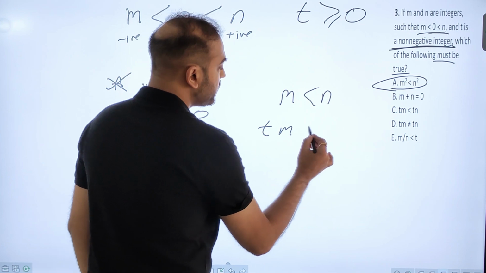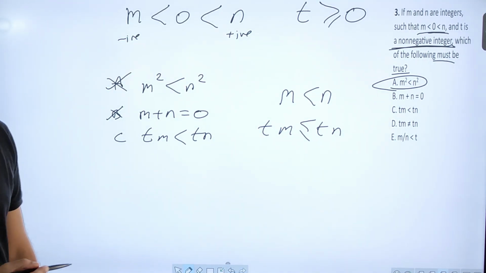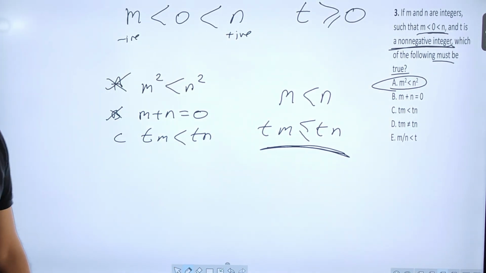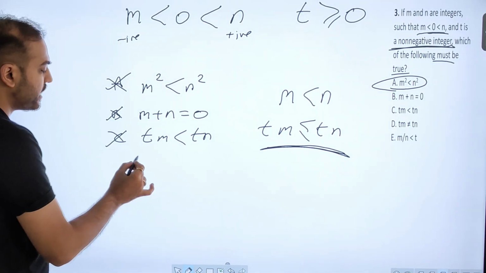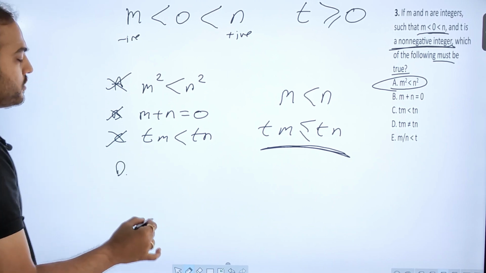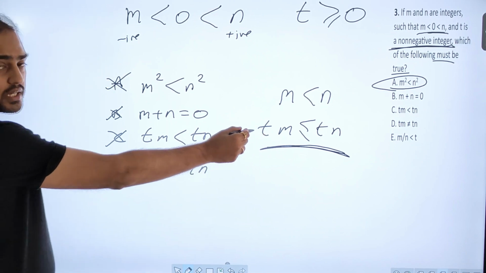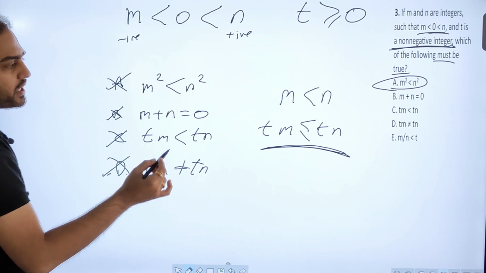So when I multiply t on both sides, I get Tm is less than or equal to Tn. Because if t is 0, then they need to be equal to each other. So almost there, but again not our answer. Tm not equal to Tn, we just covered this. Tm can be equal to Tn, which means the fifth option has to be our answer.